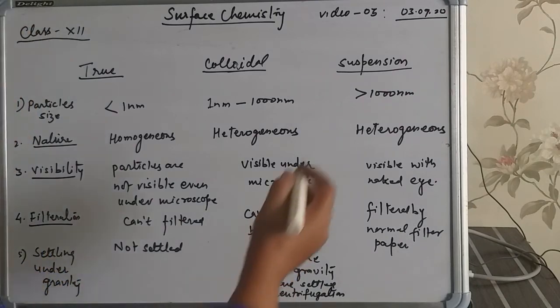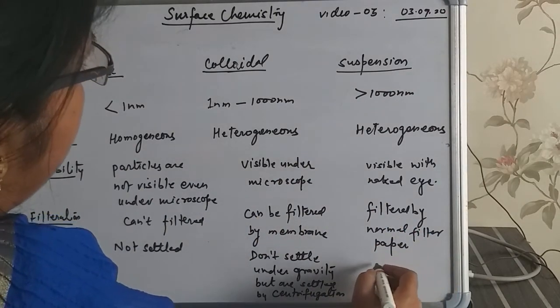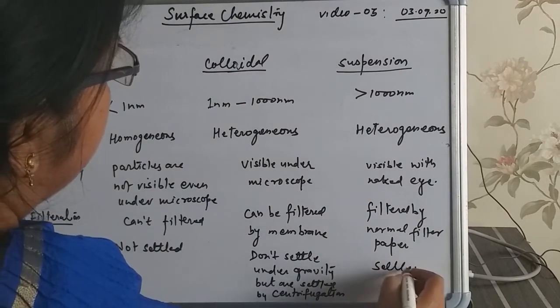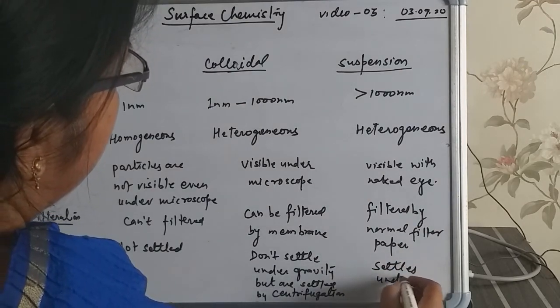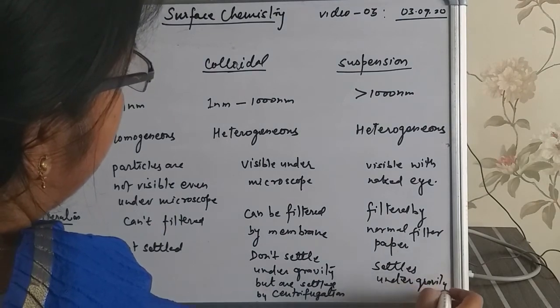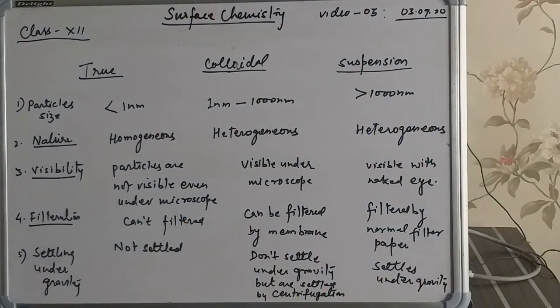In case of particles of suspension, they settle under gravity. So on the basis of these characteristics of a particle, we can easily distinguish the size of particles of true solution, colloids and suspension. Let's now discuss the definitions of colloids.